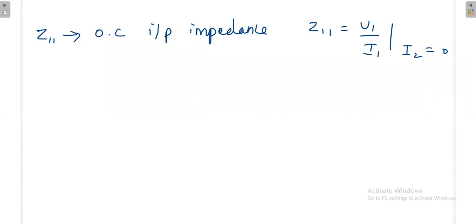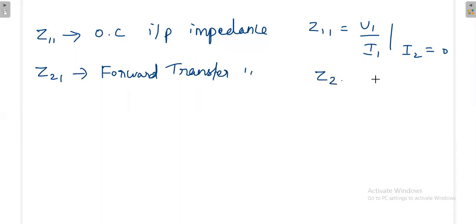And Z21 is the forward transfer impedance. Forward transfer impedance means Z21 is equal to V2 by I1. So you are taking the ratio of the voltage at the output side to the current at the input side. That's why this is called forward transfer impedance. Again all are open circuit only.